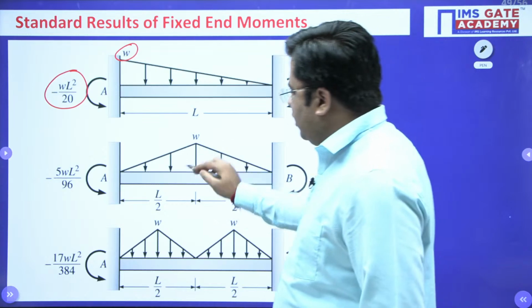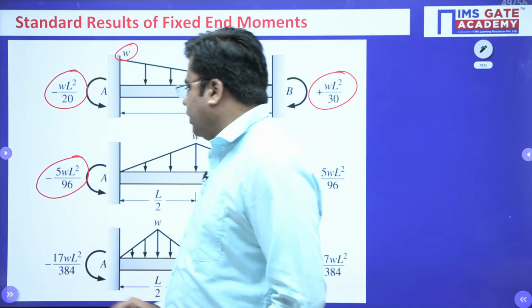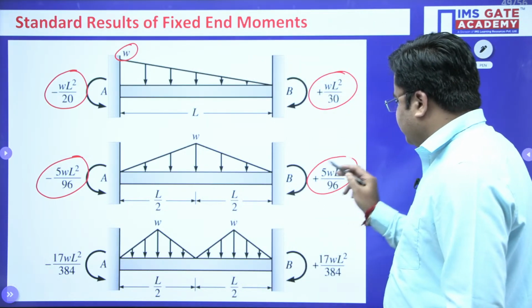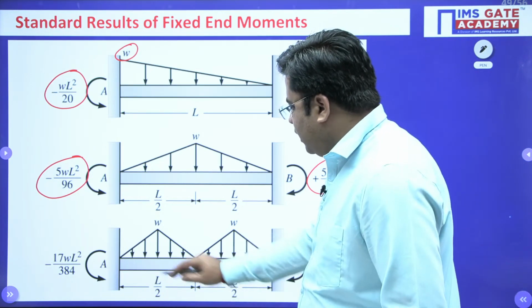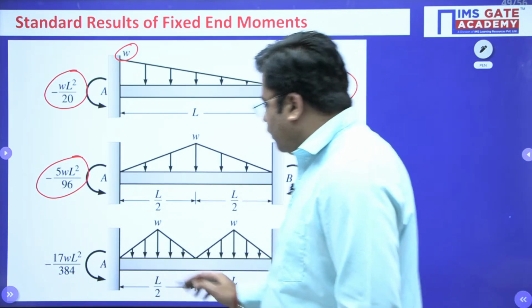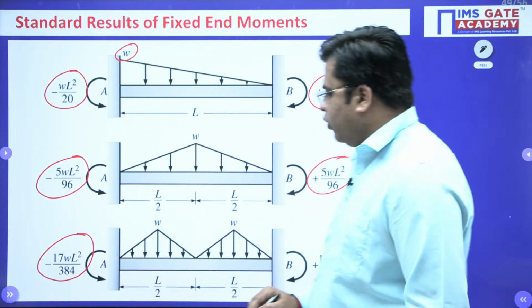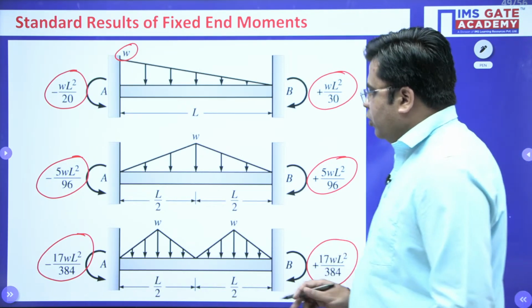For a triangular loading like this, for end A, the fixed end moment is minus 5W L square upon 96, and for end B, it is plus 5W L square upon 96, right? Next, for two triangular loadings, for end A, it is minus 17W L square upon 384, and for end B, it is plus 17W L square upon 384.